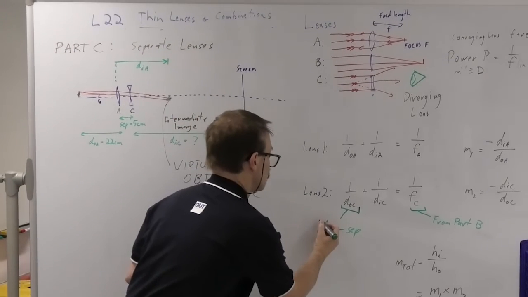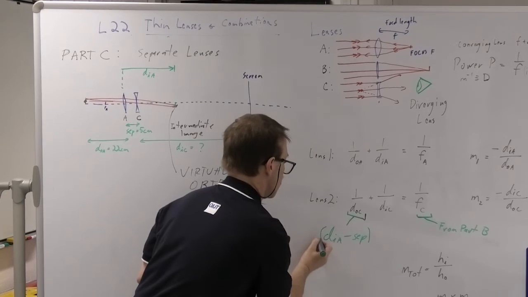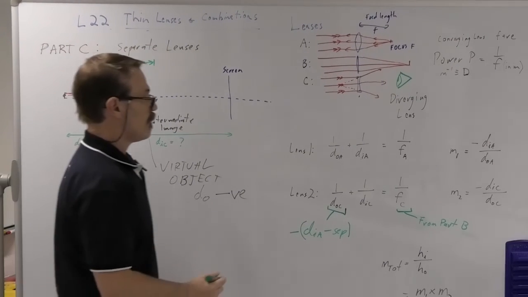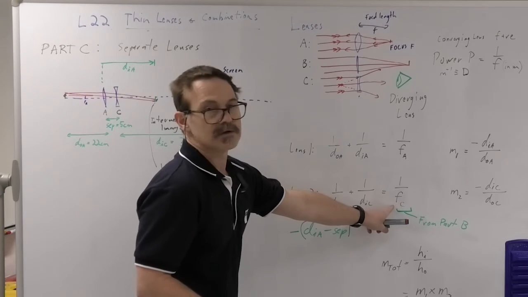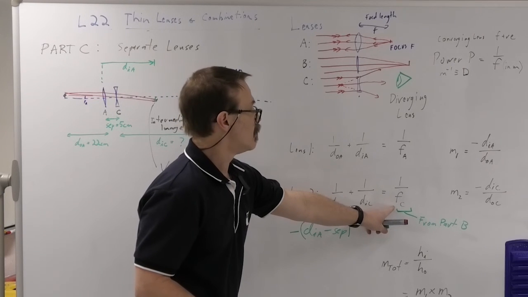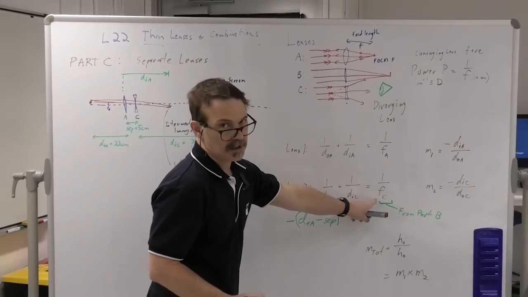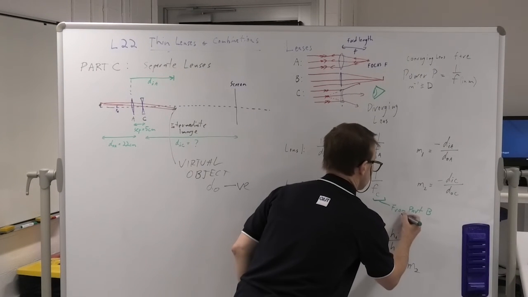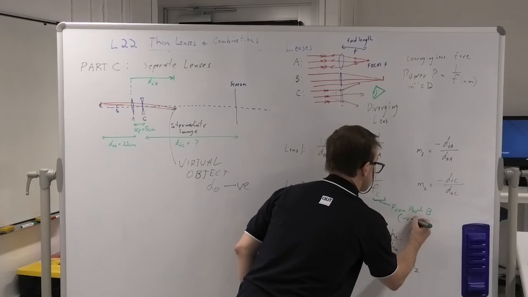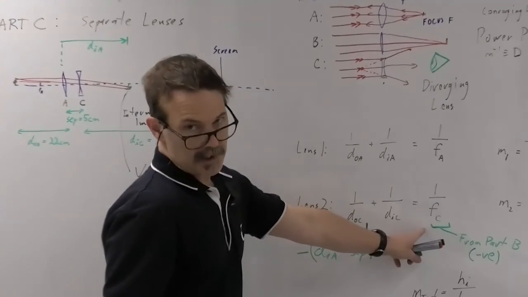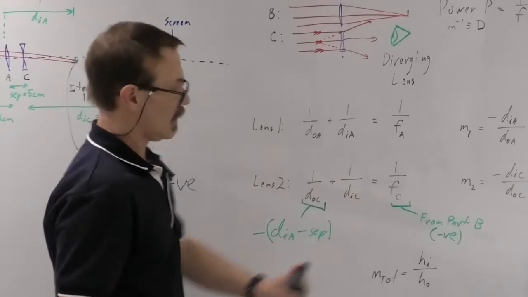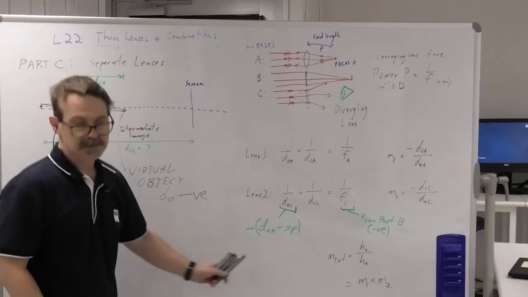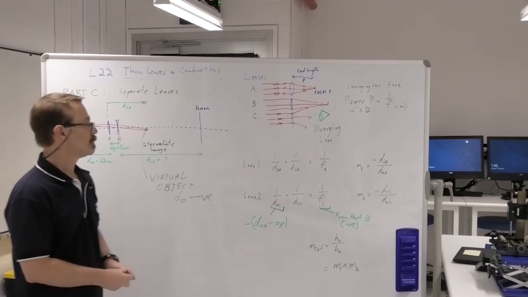But because it's a virtual object, make sure that it's a negative number. And don't forget, you're using the focal length from part B of lens C. You measured that already. Because it's a diverging lens, you expect that number to also be negative in your formula. So they're the tricky bits of the calculation.